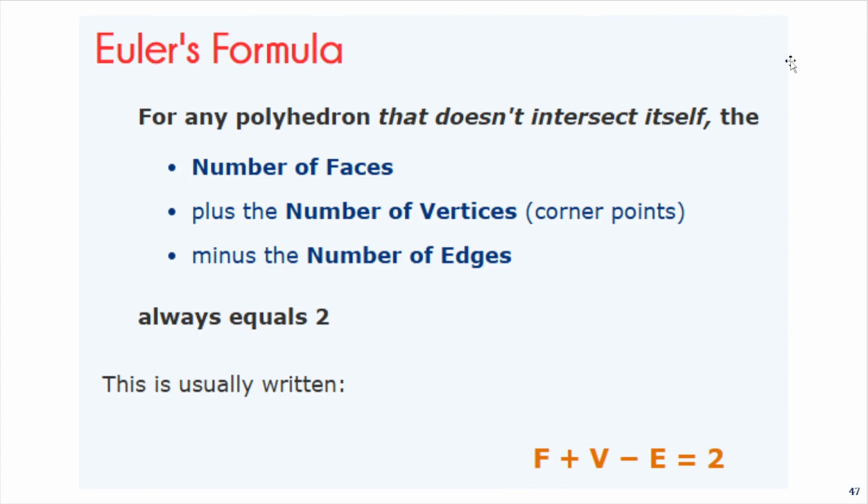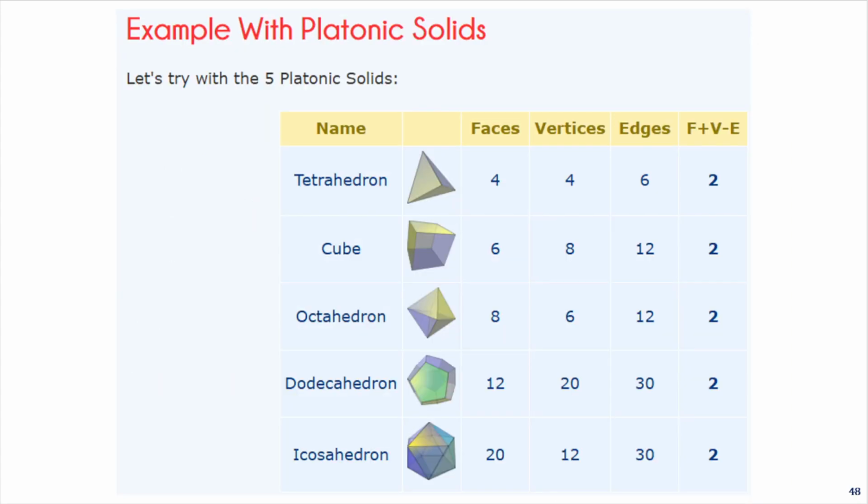This is usually written as the following formula: F plus V minus E equals 2. For example, we can try with the 5 Platonic solids. If we verify F plus V minus E, you will find each of them has the value 2.